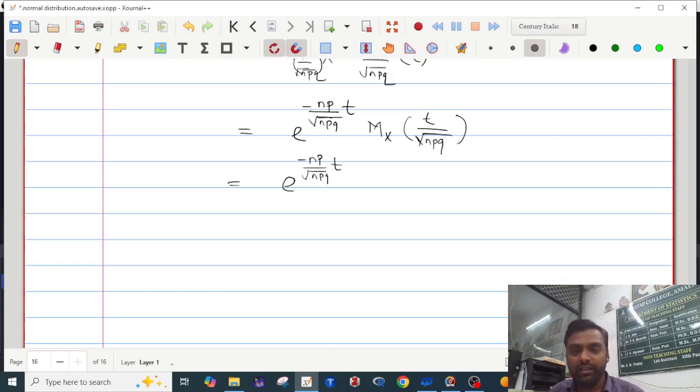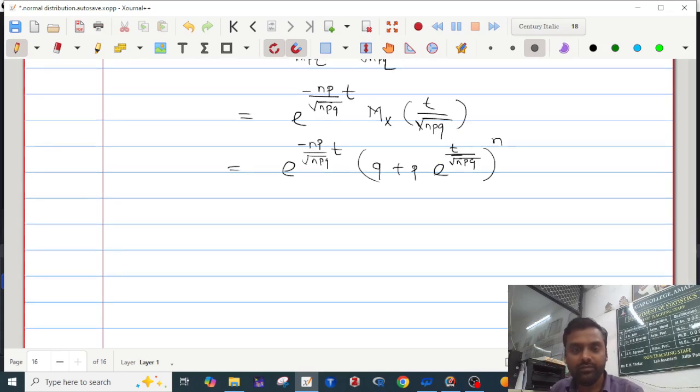So instead of t, replace t upon root npq in the MGF of binomial distribution. So this is (q plus p e raised to t upon root npq) raised to n. This is the MZ of t.